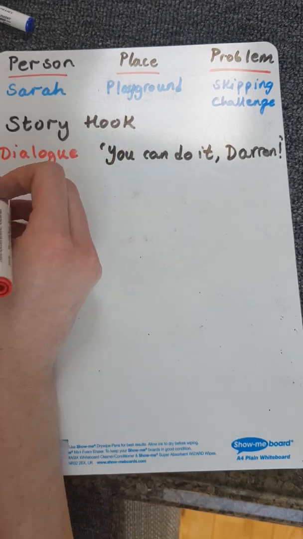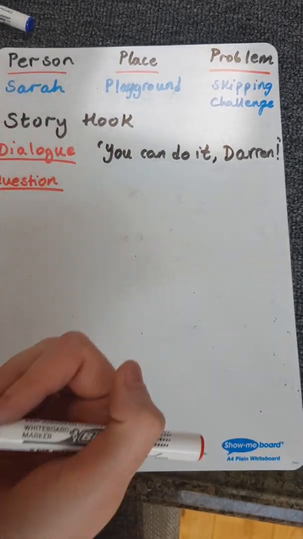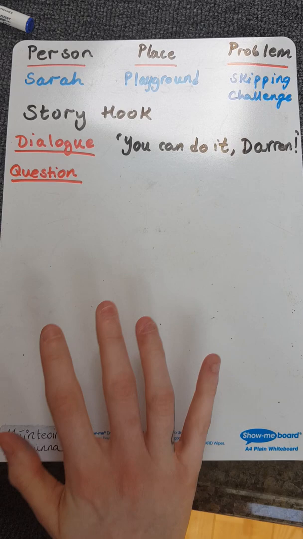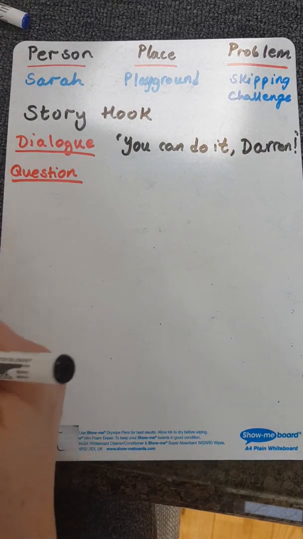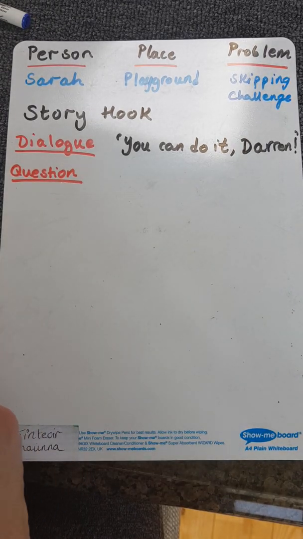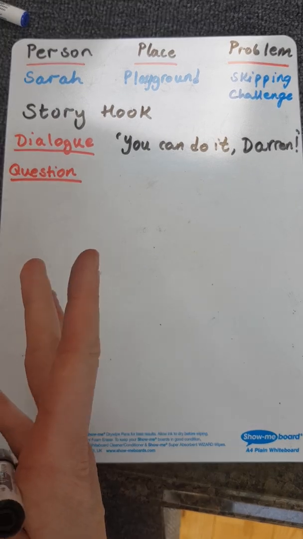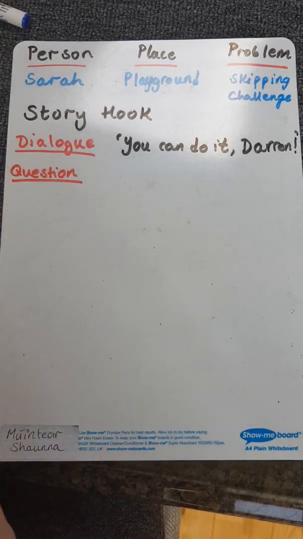Now, the next one could be a question. Now, the correct term for this is a rhetorical question. So you don't need to know that, but what it means is you're asking a question that you want the reader to think about, but you don't necessarily want them to answer it, right? It was just something to get them thinking.